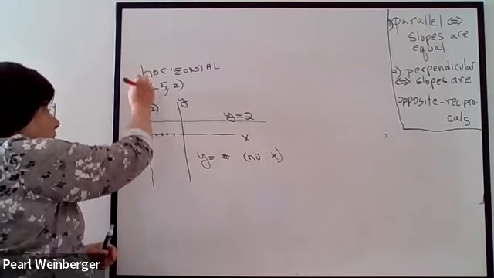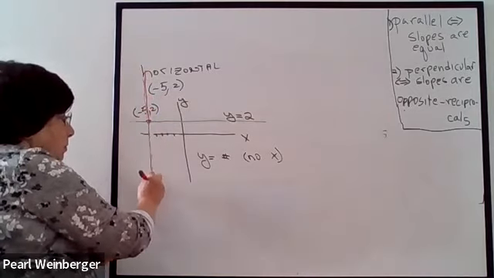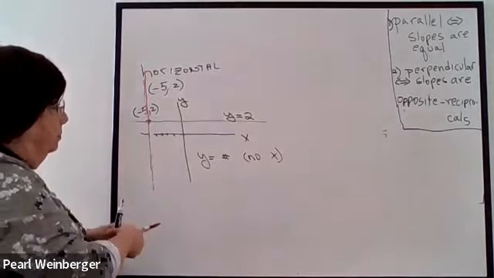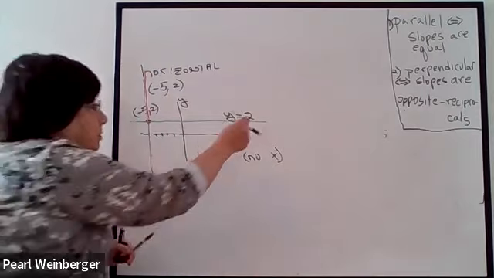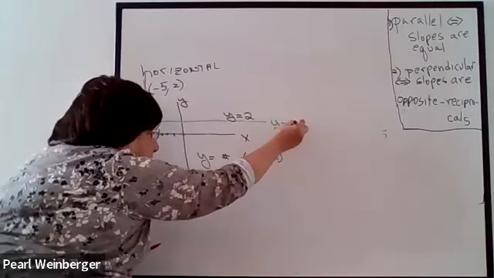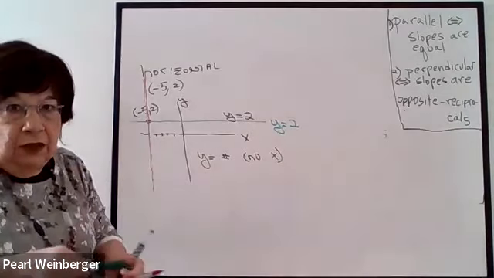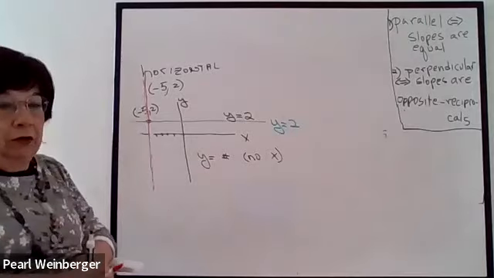I'm trying to do it in different colors so that you can tell the difference. This is y equals 2, because the green is the horizontal. The red we're now doing is the vertical. This is my vertical line.